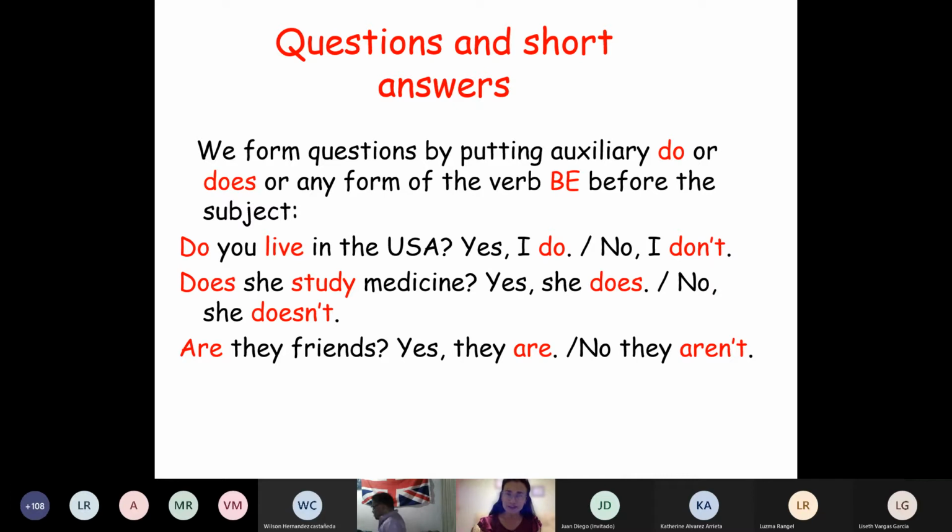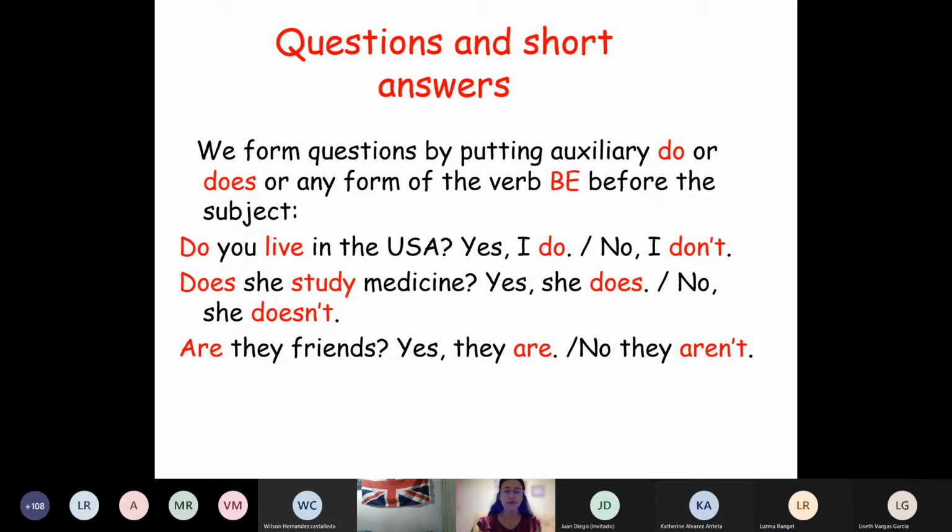The possible answers are yes, she does for the affirmative, or no, she doesn't for the negative. And remember, with the verb to be, are they friends? Yes, they are. Or the negative, no, they aren't. Okay? So keep in mind that the verb to be is different from other verbs.